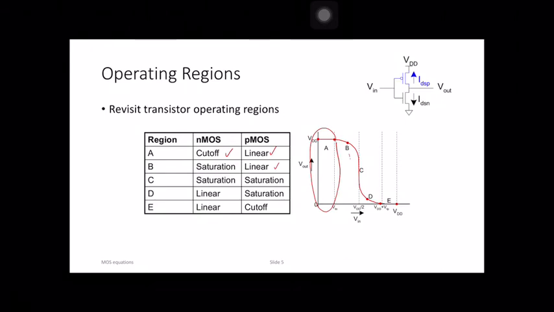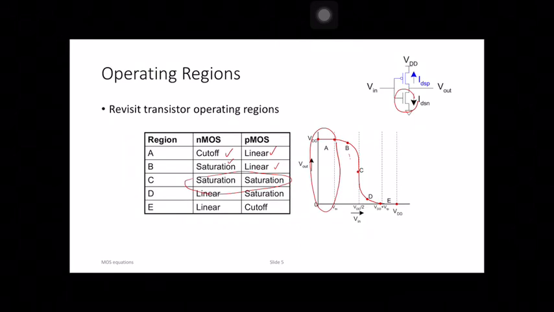Once you have increased the voltage to turn on the NMOS, the NMOS will be in saturation. At point C, both transistors are on, NMOS and PMOS, and they are both in the saturation region.